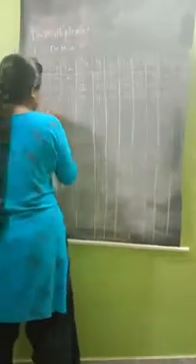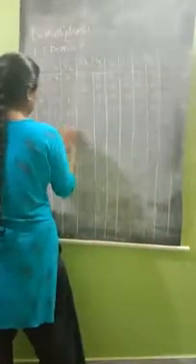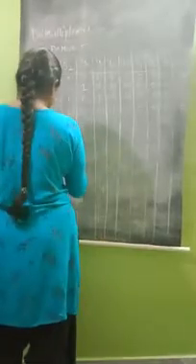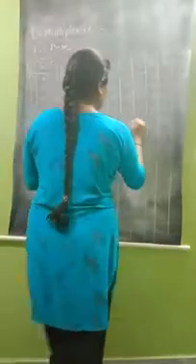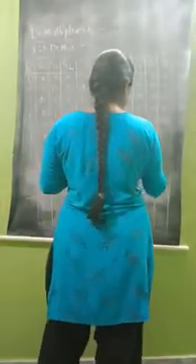Then the fourth: here Y4 is enabled, so the remaining are 0.